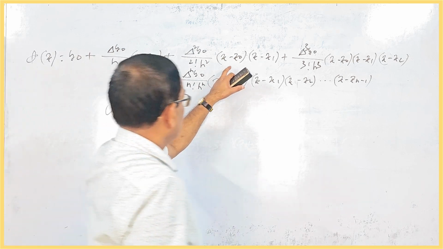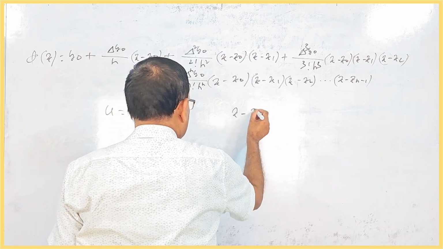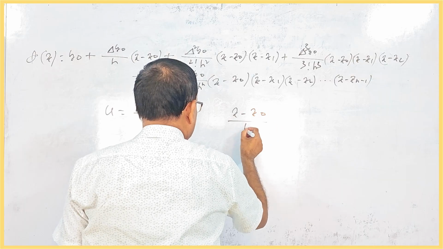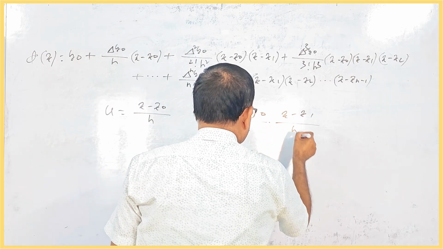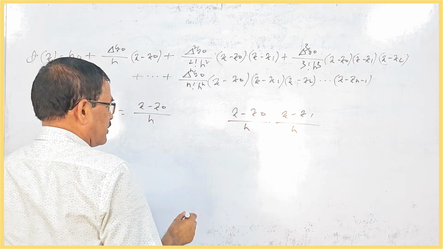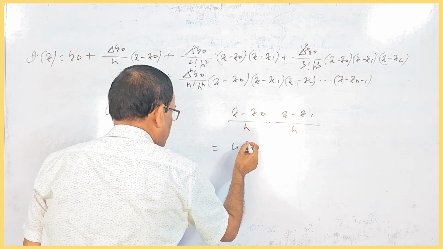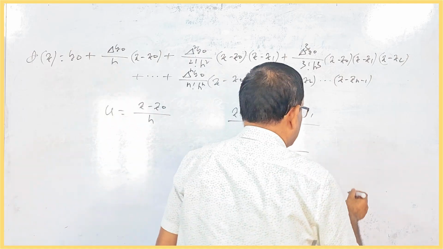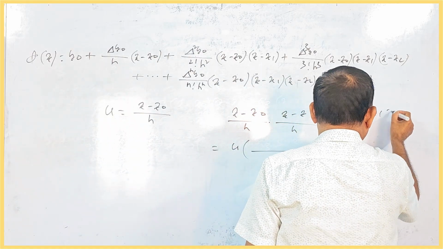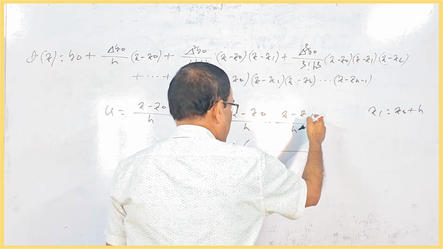Then what will be my second term? I can distribute x minus x1 divided by h and simplify it. The first term is already u. Next, what is x1? x1 means x naught plus h, so I can put this value here.